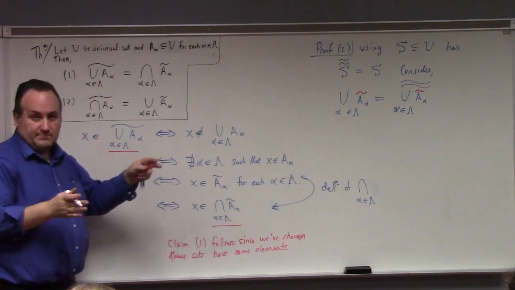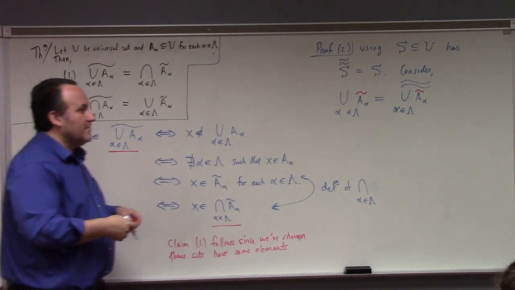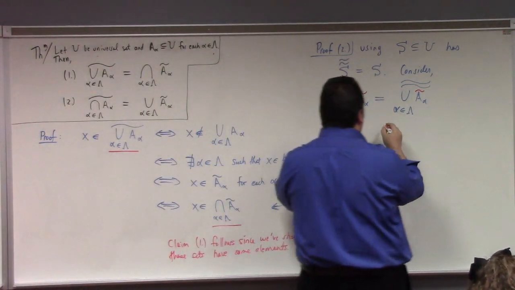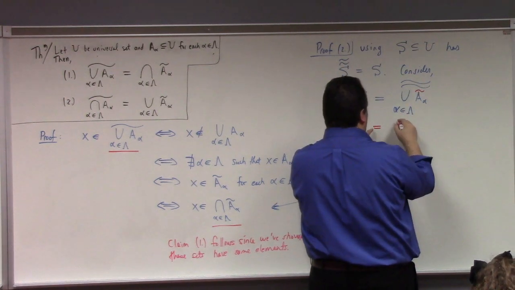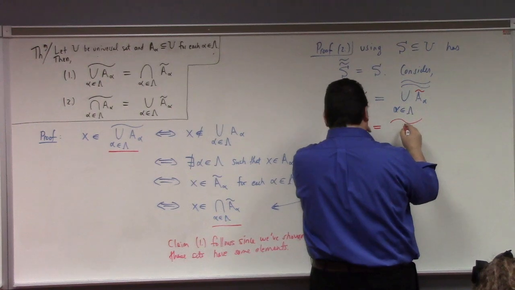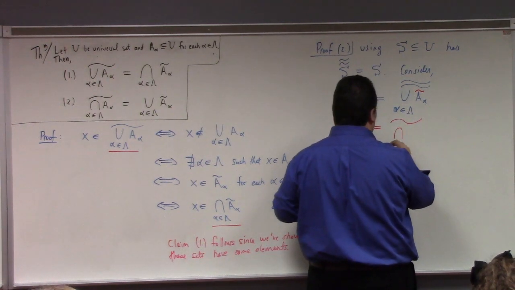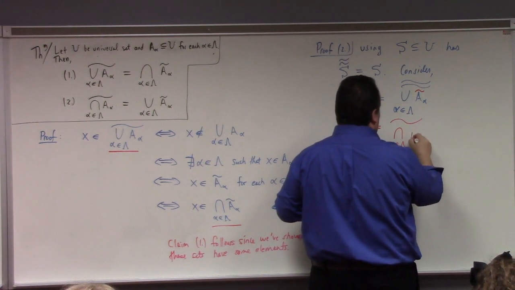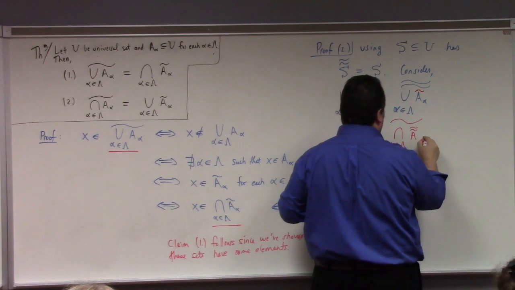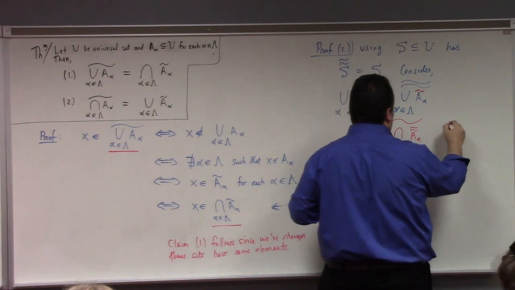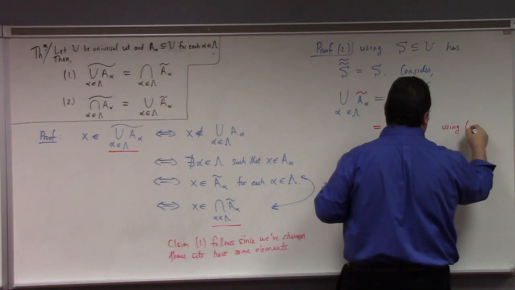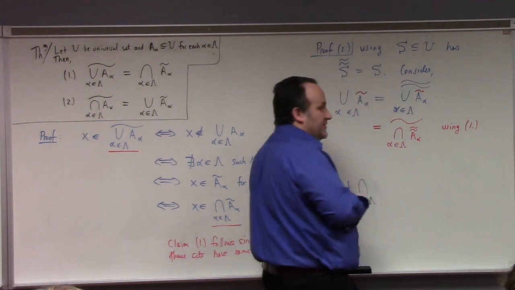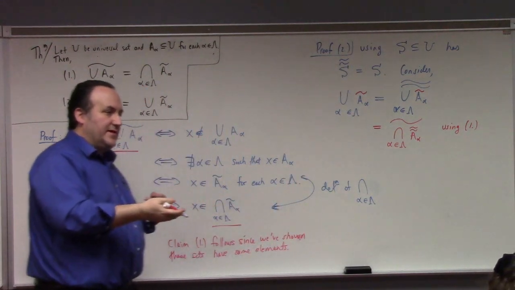Great idea. So just focusing on the first complement, we have the complement of the intersection over alpha in lambda of A sub alpha complement, using 1. But understand that I'm using 1 with a substitution, right?